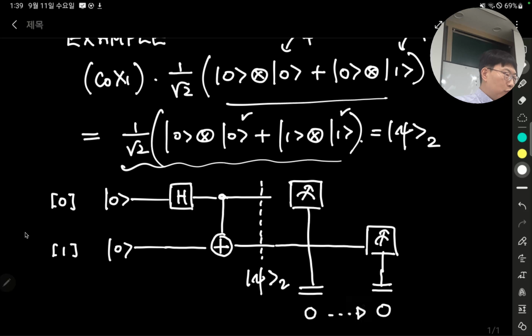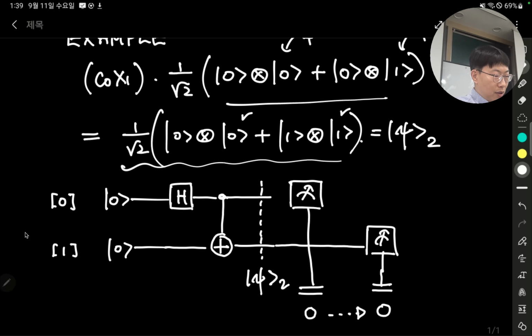If you took the measurement of qubit 1 first, you could have seen 0 or 1, right? But if you took the measurement of qubit 0 first and then qubit 1, your measurement outcome is fixed to 0, right?